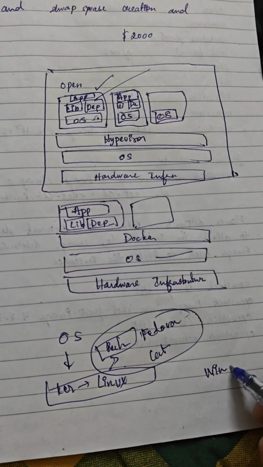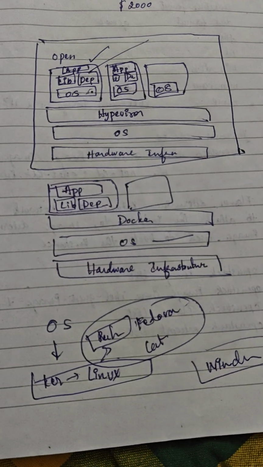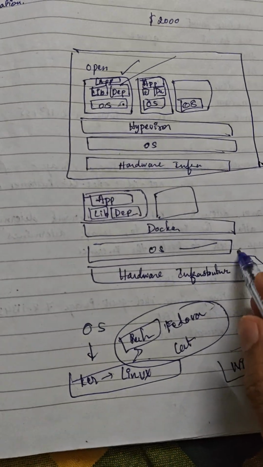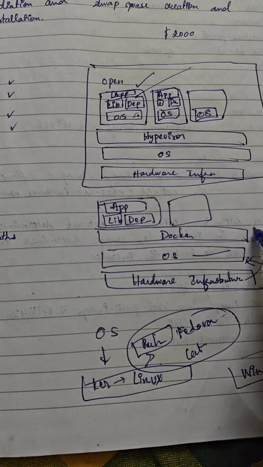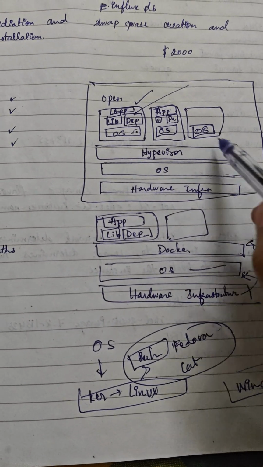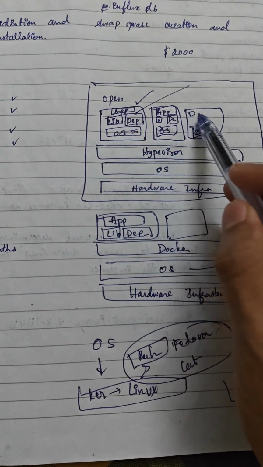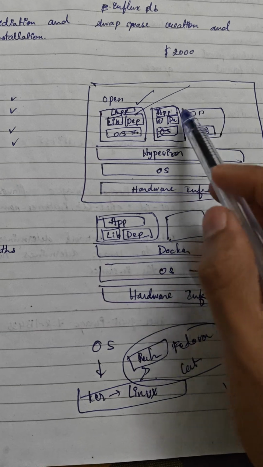For Mac there will be another. This is what I meant by underlying kernels. For Docker, the underlying kernel should be the same, whereas in virtual machines the kernel can be changed since an OS is able to attach to every VM.